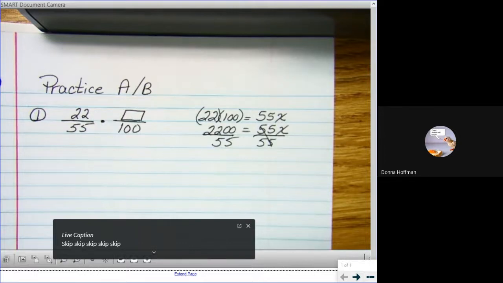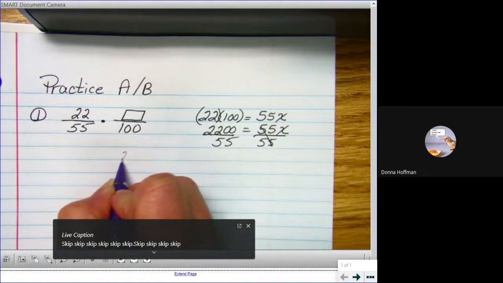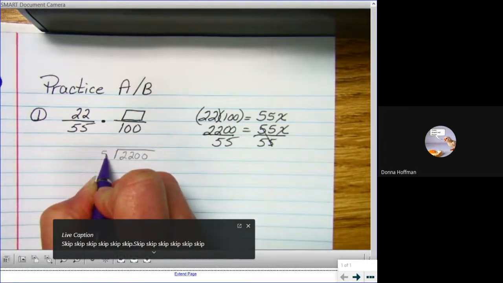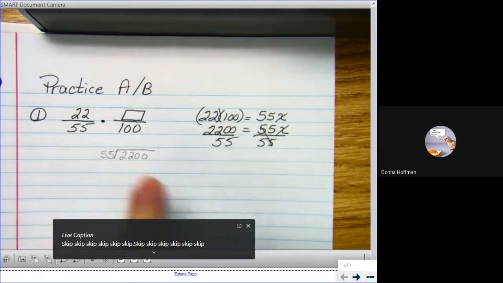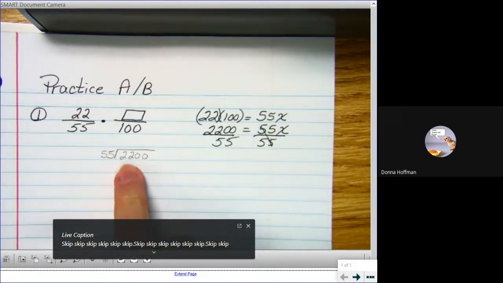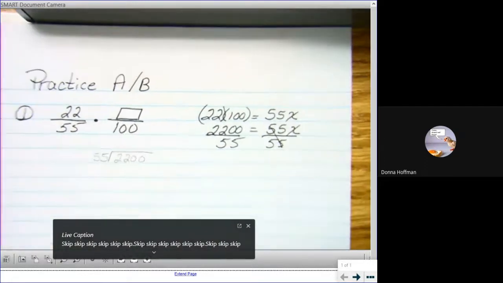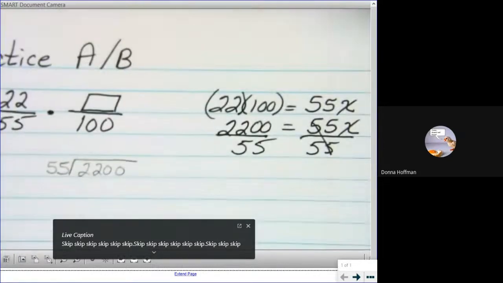Now I might have to do a little bit of long division here. So how many 55s do you think will go into 2,200?